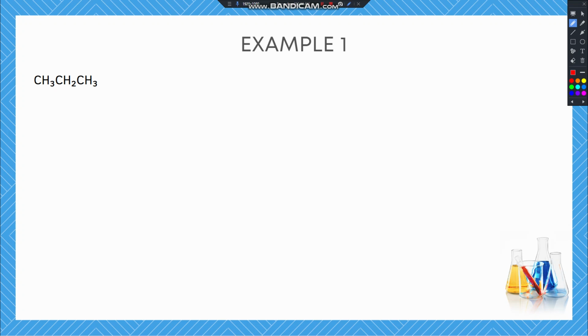On the screen right now, we have this compound and we have been asked to name it. First things first, we number the carbon atoms that are present in the structure. We have CH3 bonded to CH2 bonded to CH3. We have 1, 2, 3 carbon atoms. 3 carbon atoms gives us the root name or parent name PROP, prop.